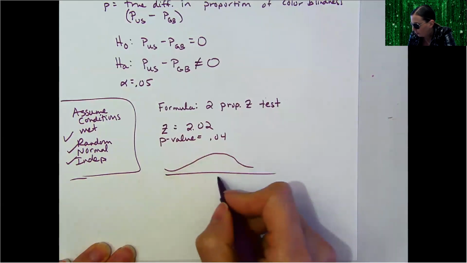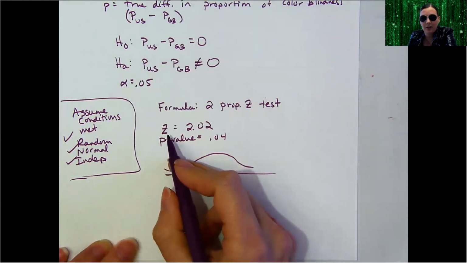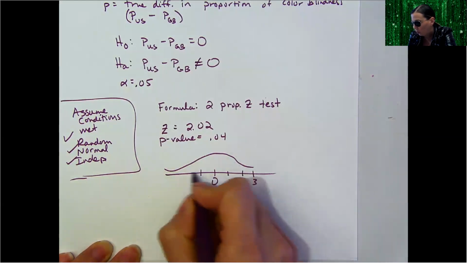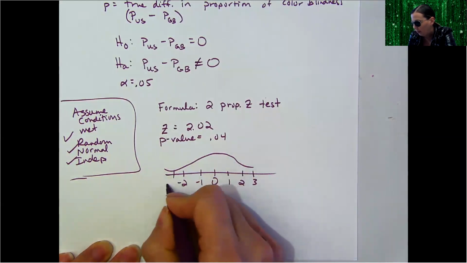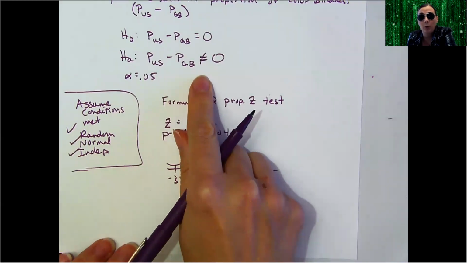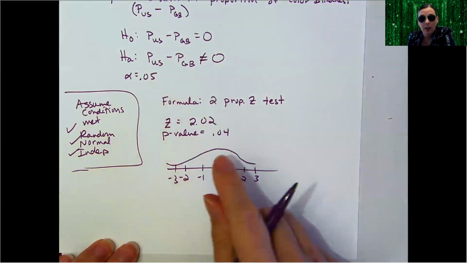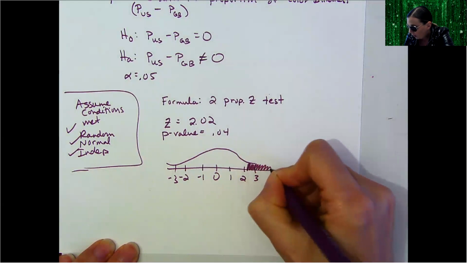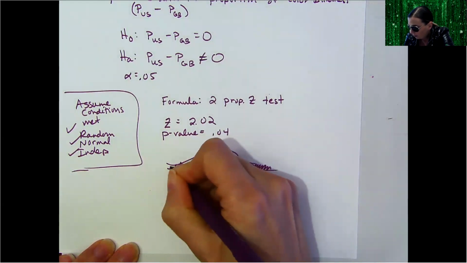Show it on a bell curve. Zero is in the middle on this standardized z-curve. 1, 2, 3 standard deviations to the right. 1, 2, 3 standard deviations to the left. This is a 2-sided hypothesis test, so we must shade both sides of this bell curve. Go to 2.02 on the right, 2.02 on the left.